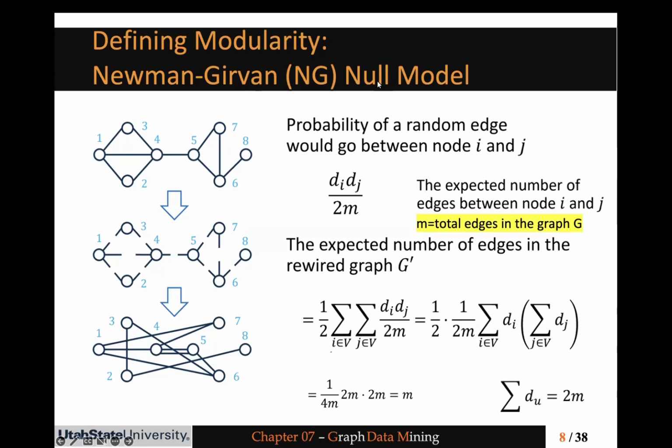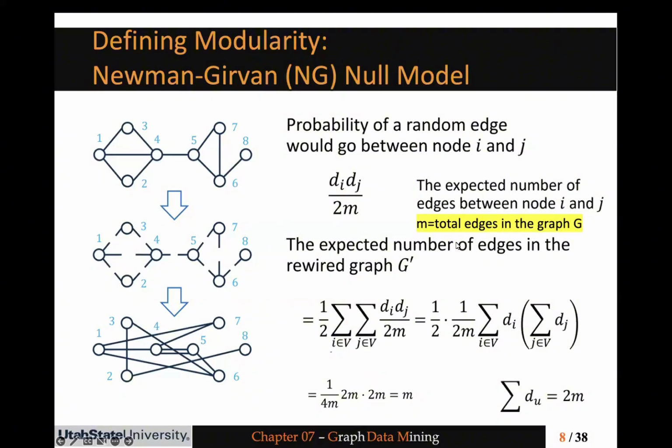So in fact, the probability of two nodes i and j being linked together is d_i times d_j, the degree of node i times the degree of node j, over the total number of stubs that exist. So if m is the total number of edges in the graph, then 2 times m is the number of stubs that exist.